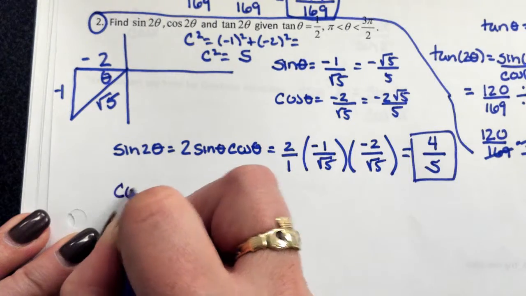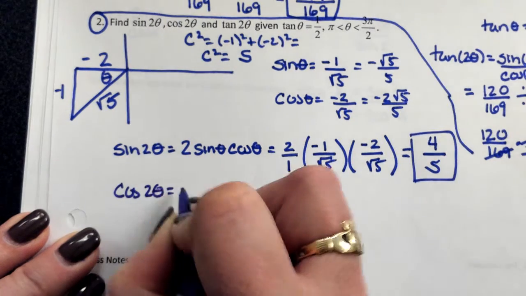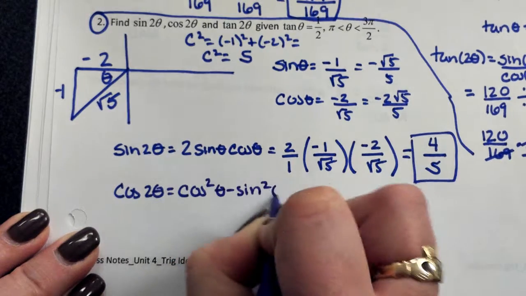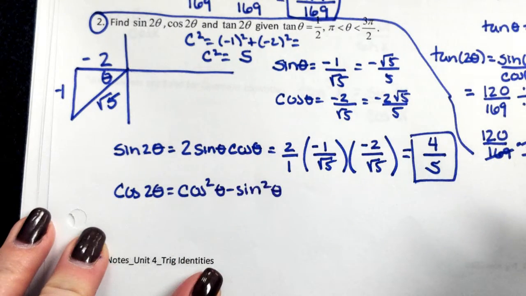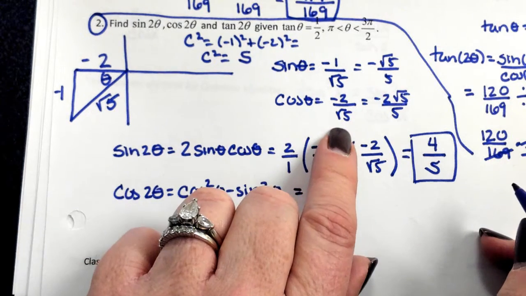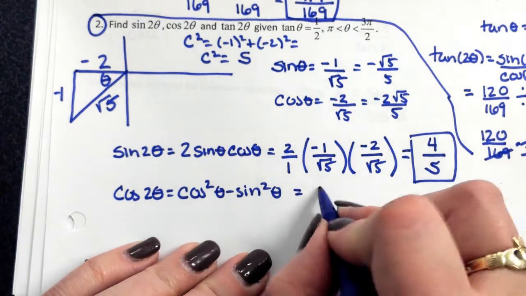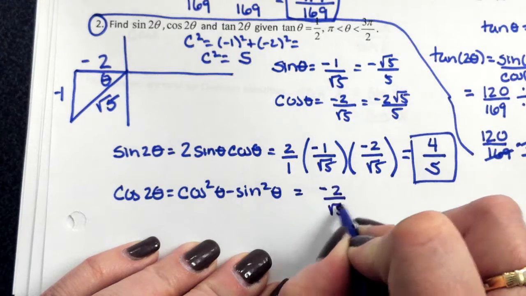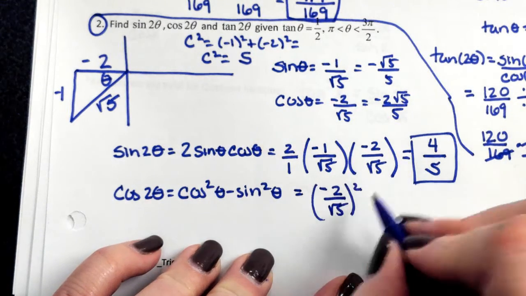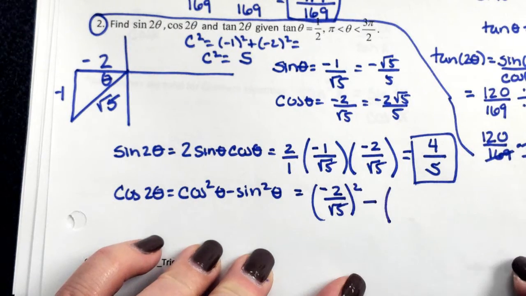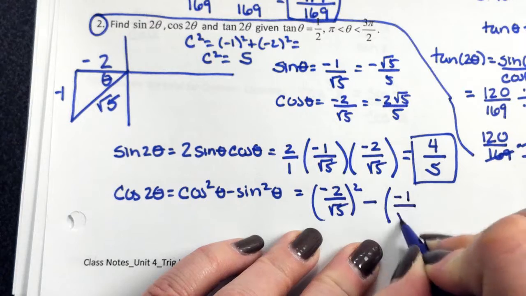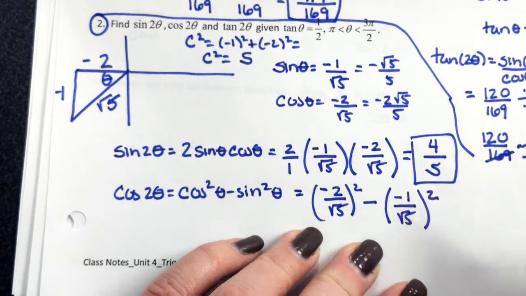Cosine of 2 theta is the cosine squared theta minus sine squared theta. Again, cosine theta we found to be negative 2 over square root 5, and remember, I'm going to square that entire ratio. Minus sine squared theta. Again, I found the sine to be negative 1 over square root 5, and again, I've squared it.